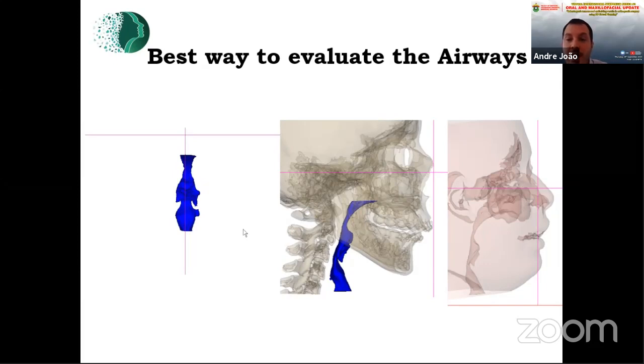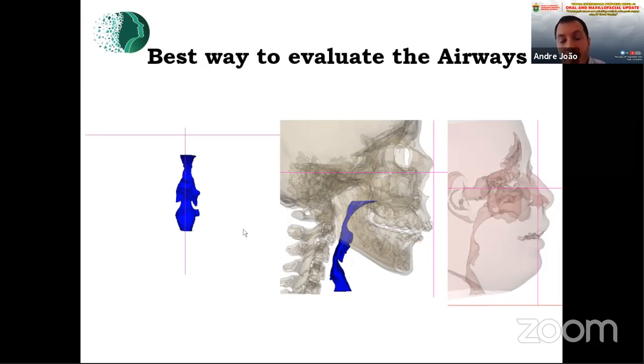When we think in modern orthognathic surgery, we need to improve the facial aesthetics, the bite, and also the airways. If you don't do that, probably it can be a cause of further relapse.